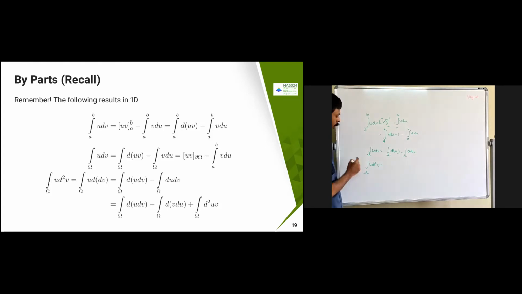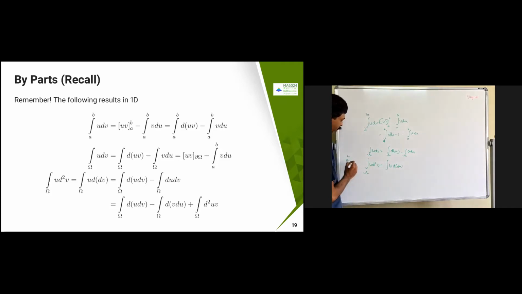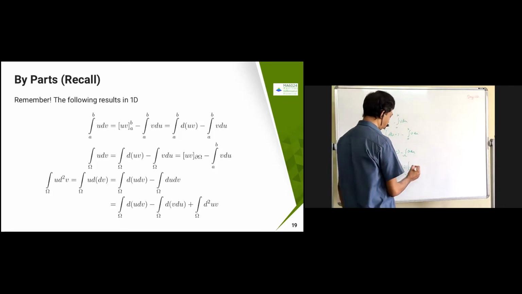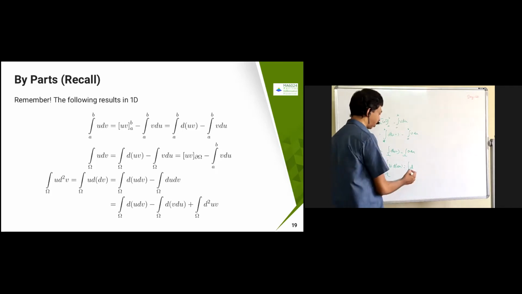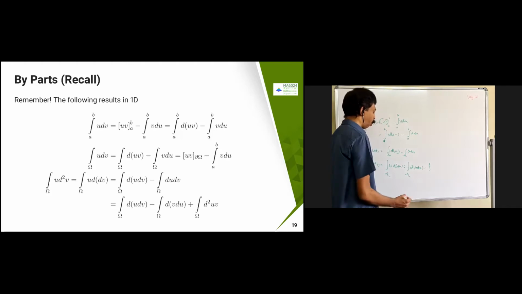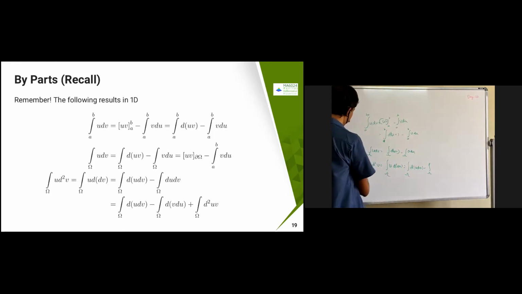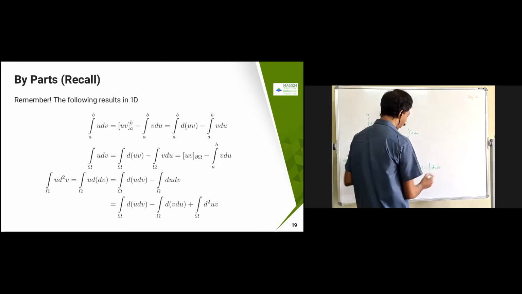I can rewrite this as u times d of dv. Using integration by parts with u as u and dv as d of dv, I get the integral over omega of d of (u dv) minus the integral over omega of dv du, where v becomes dv and du becomes du.